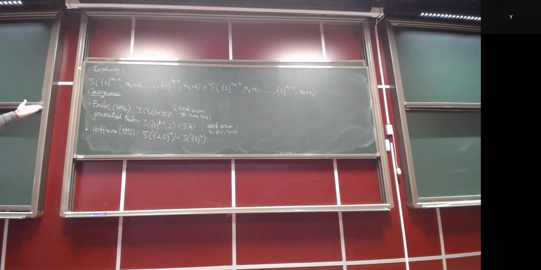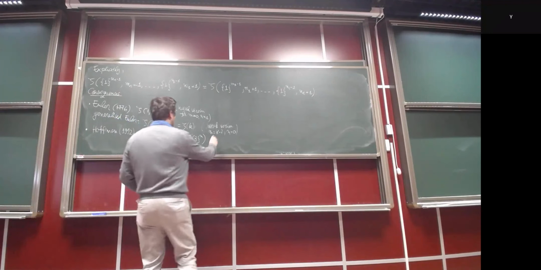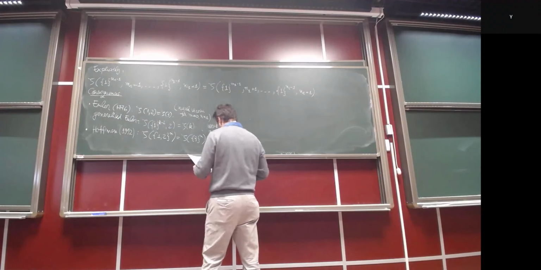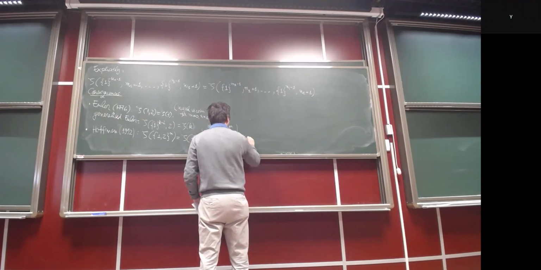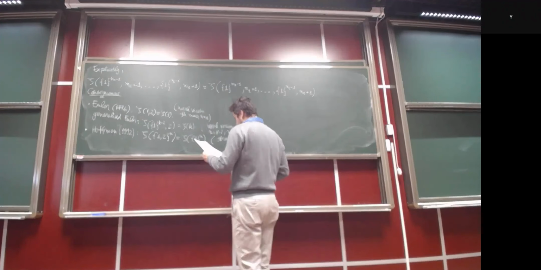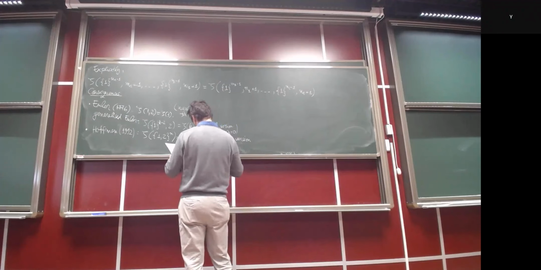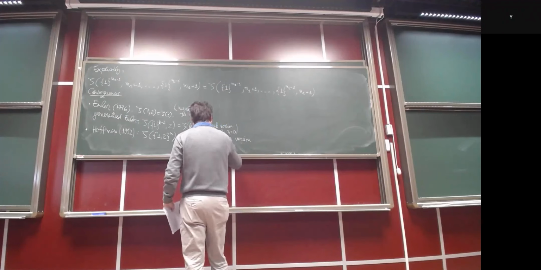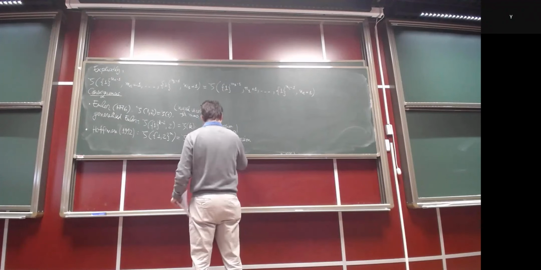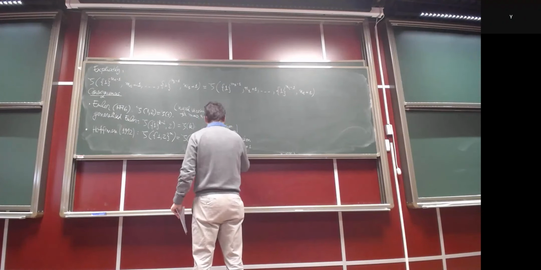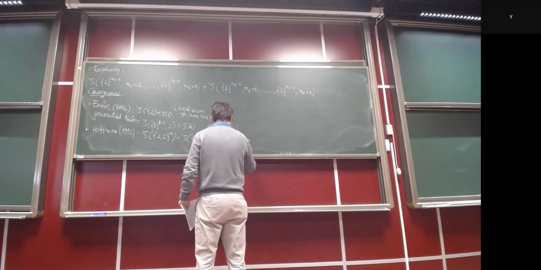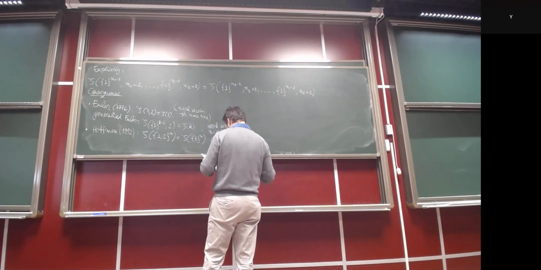Well, the thing is, it doesn't quite follow from the weak version, so we need to use the strong version. So this follows from the strong version. We're going to take all the m_i's to be 1, and all the n_i's to be 2.